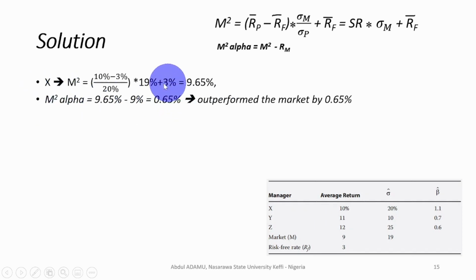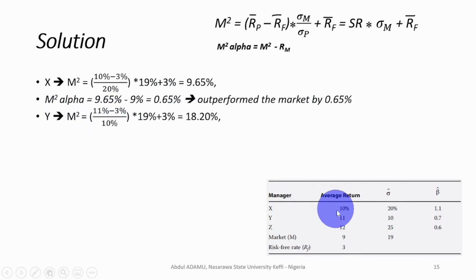So the MSquare alpha is positive, which means this portfolio has outperformed the market by 0.65 percentage points. For Y, we key in our inputs, this minus this, divided by this, times the 19%, which is the standard deviation of the market, plus our risk-free rate, and we have 18.2%.